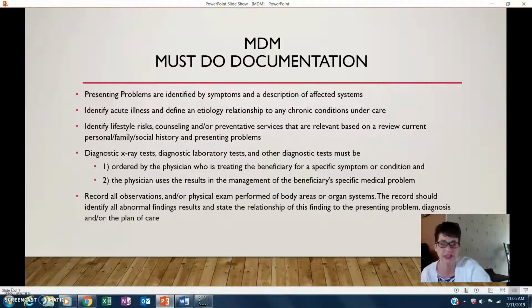It's also going to be the final assessment in the first encounter reason, or one of the reasons or comorbidities or acute illness that the patient presents for. Those things should match and align. The patient presents with lifestyle risk or other preventative services, or upon history you find out they're a smoker, perhaps they need smoking cessation. All of these things tie together as you formulate your medical decision making.